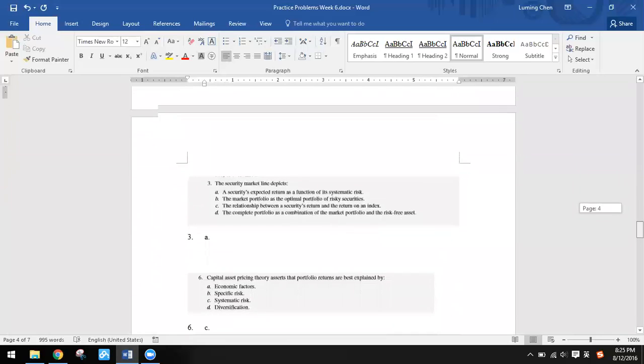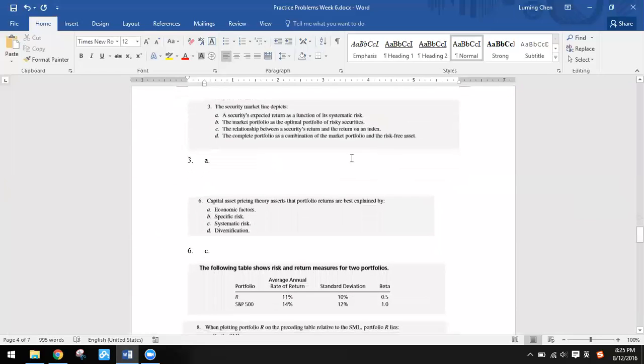Safety problems. Number 3, the security market line depicts A, a security's expected return as a function of its systematic risk. This is true. B, the market portfolio as the optimal portfolio of risky securities. It has nothing to do with the SML. C, the relationship between a security's return and the return on an index.